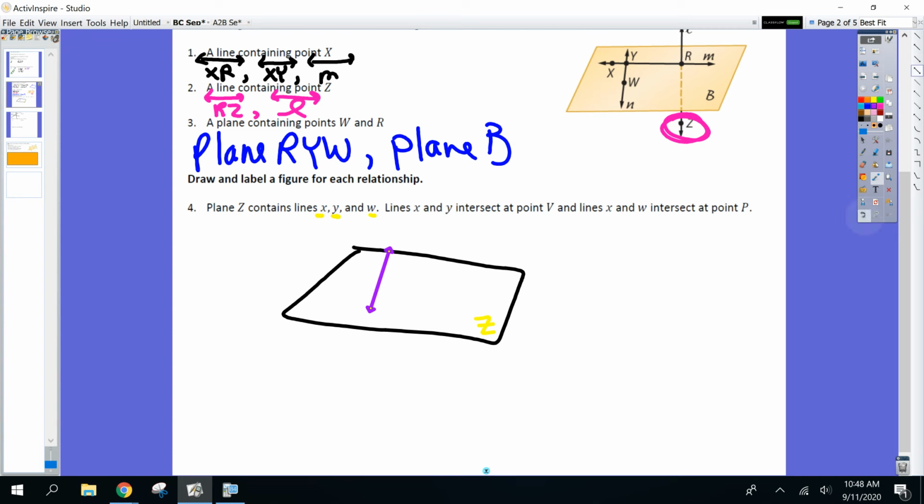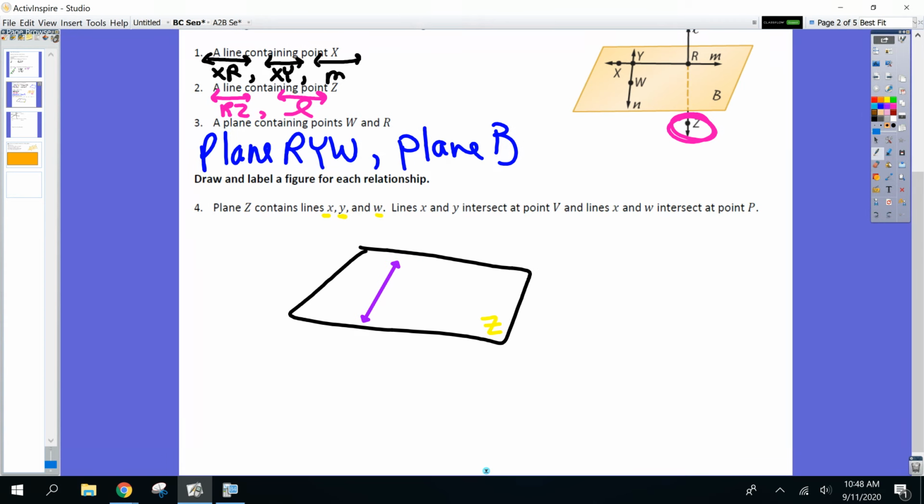Let me make it a little smaller. There we go. And since it's line X, that means there's got to be a lowercase x near one of the arrows. Make sure your line has 2 arrows on it.